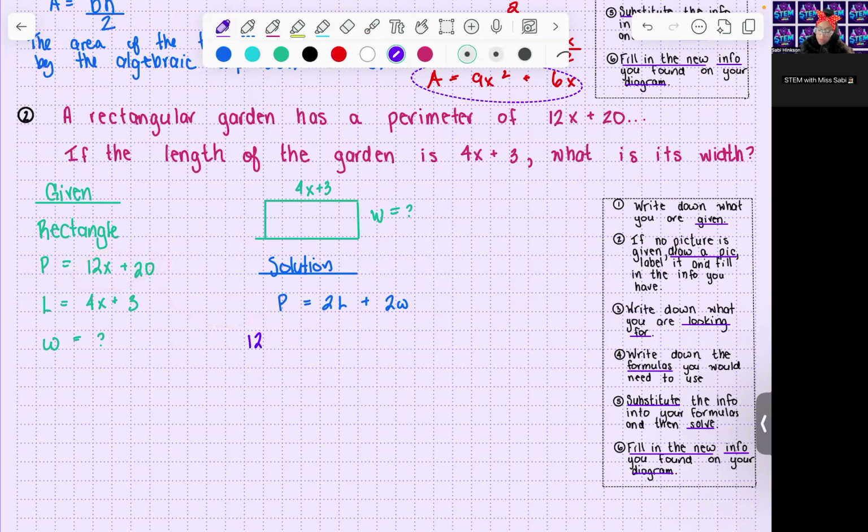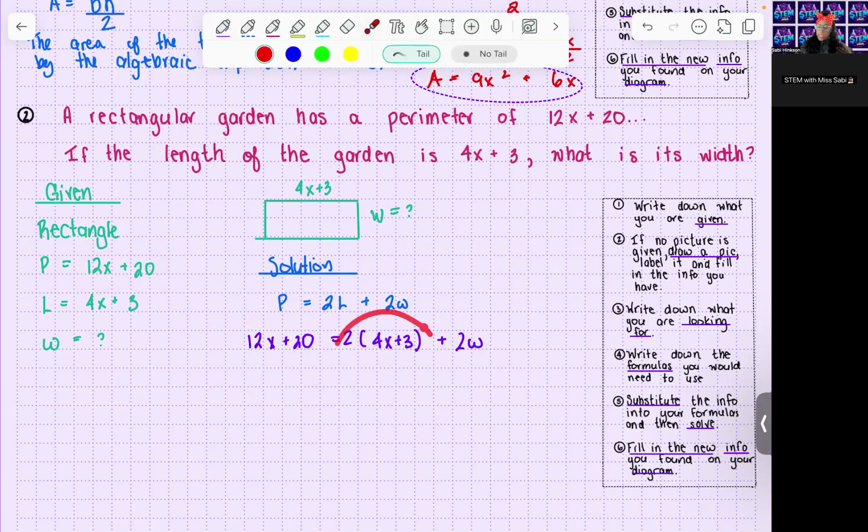So I have 12x plus 20. I know my length because they tell me that in the problem. So that's 4x plus 3. I don't know the width, so I'm going to leave that as 2w. Order of operations, BEDMAS, brackets, right? So I have brackets here.